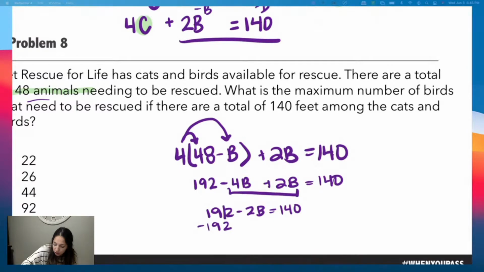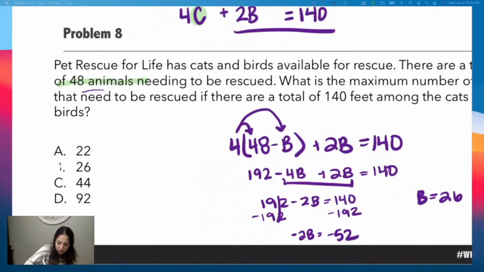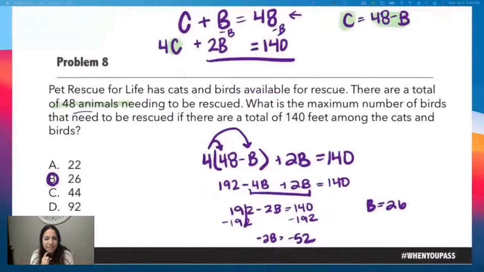Subtract 192 from both sides. And I get negative 2B equals negative 52. Divide both sides by negative 2, and I get B equals a positive 26. So I still get the same answer. Does that make sense?